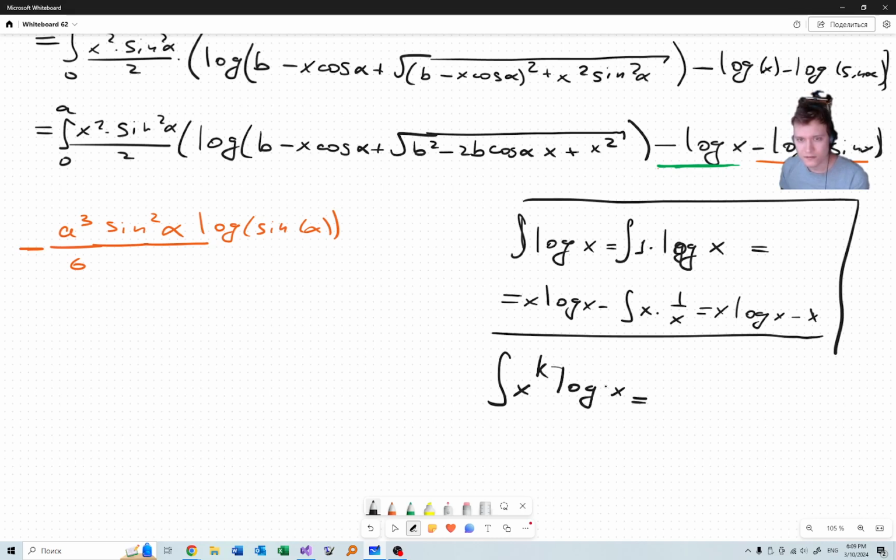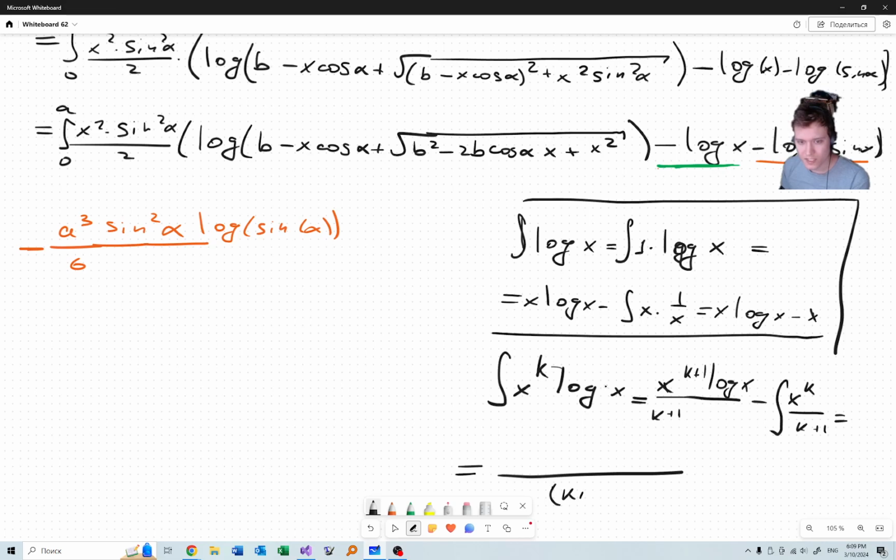It is 1 over k plus 1 times x to the power k plus 1 log x minus integral of x to the power k over k plus 1, which is simply x to the power k plus 1 over k plus 1 squared.